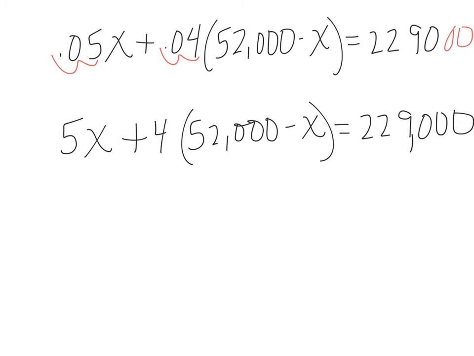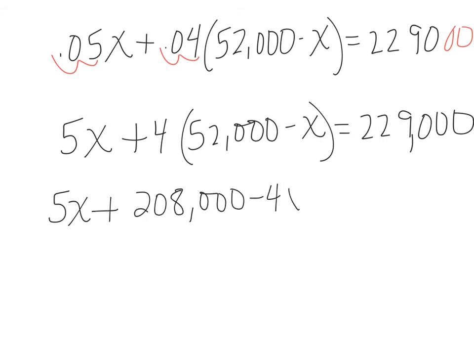So we've got 5x plus 208,000 minus 4x equals 229,000. The 5x minus the 4x becomes 1x. And we've got to subtract 208,000 from both sides.